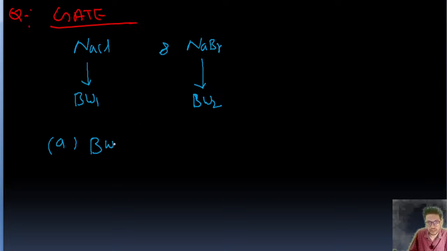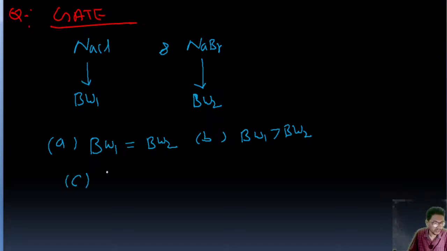Option A: W1 equal to W2. Option B: W1 greater than or equal to W2. Option C: W1 less than or equal to W2.